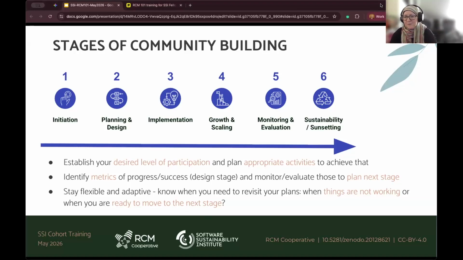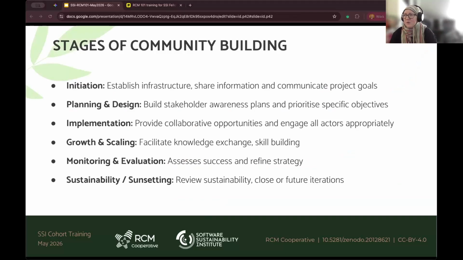Next one. So just some examples there. We've got initiation. So you're establishing your infrastructure, creating resources of shared information and communication about your project's goals and visions. This could mean the very start of your community, or even starting a new phase of your community, where you need to revisit the community's goals.